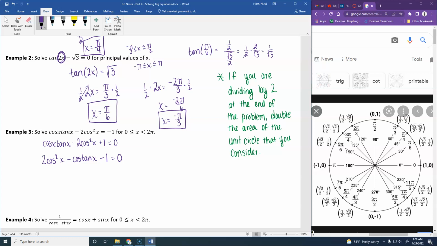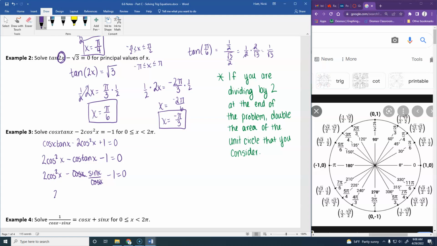What do you think, Hallie? Okay, let's do that. We can. So we've got cosine x tangent, let's change this to sine over cosine, sine x over cosine x minus 1 equals 0.